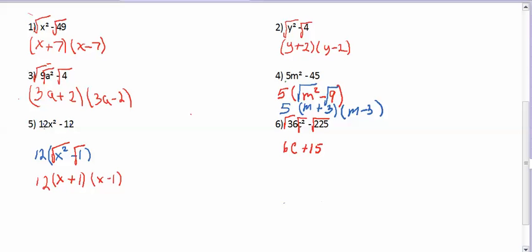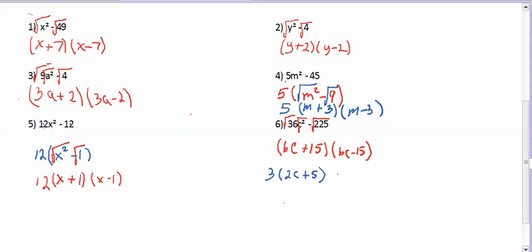And then if I write it as a difference of squares, I've got this. But then upon closer look, I say, wait a minute, these both have a 3 in common, so I need to take out a 3 out of here. So that's going to be plus 5, because 3 times 2 is 6, and 3 times 5 is 15.